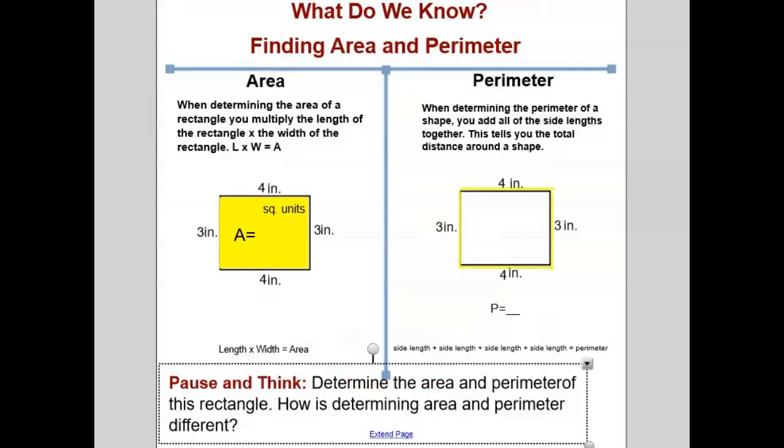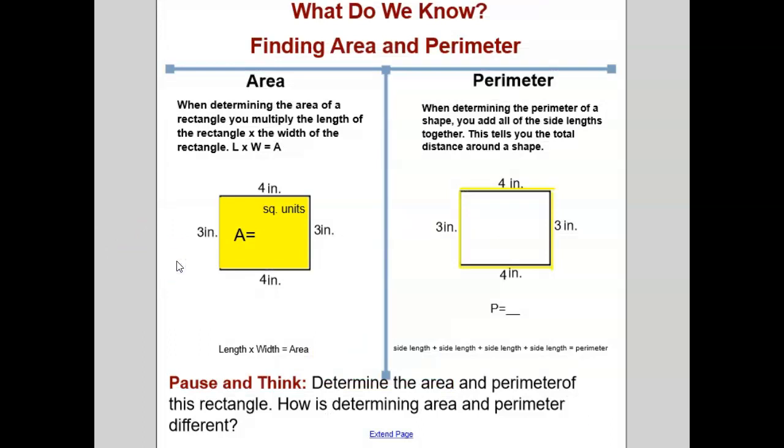So boys and girls, over the past 4 lessons, you have become very proficient determining the area and perimeters of rectangles. You know to determine the total amount of space covered, or the area of the inside of a shape, you multiply the length times the width. When determining the perimeter of the shape, though, you do something different because the perimeter is just the total of all of the side lengths put together.